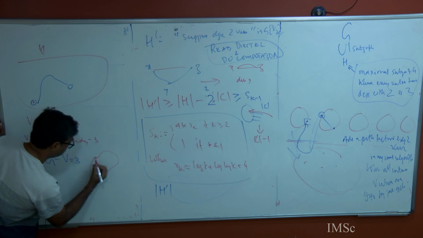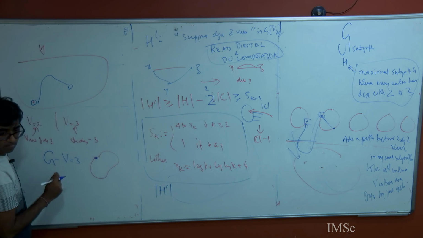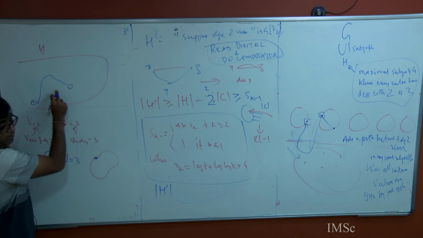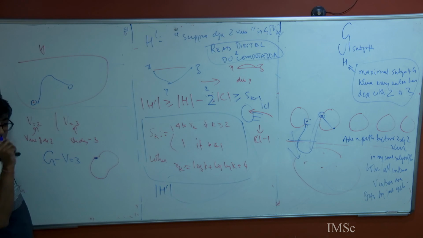First notice one thing: this cycle must contain at least 1 degree 2 vertex that you have picked up, because otherwise your H was not maximal.